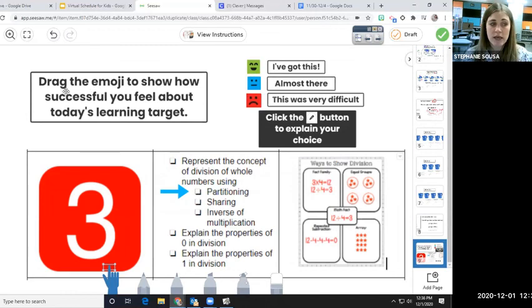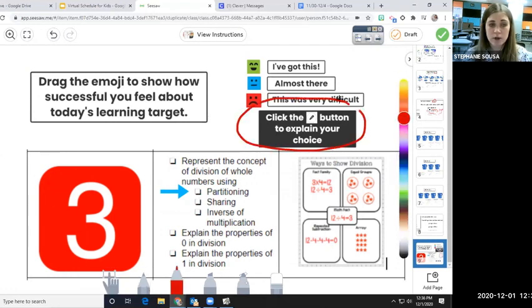Your directions say to drag the emoji to how successful you feel about the target. It also says right here to click the record button to explain your choice. So you're going to record your voice saying why you feel that you've got this, that you're almost there, or that it was very difficult. Okay?